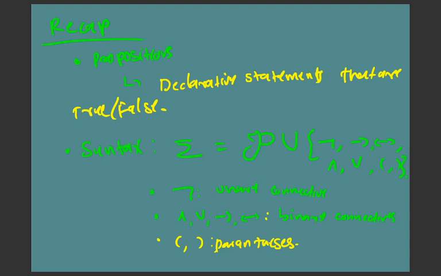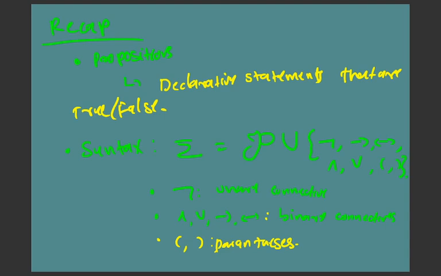Then we looked at the syntax of propositional logic. So the alphabet of propositional logic consists of all the atomic propositions, which can be countably infinite in number. Like P denotes this set, which is P0, P1, P2, etc. These are allowed letters in our alphabet, and then we have 5 connectives: one unary connective, negation, then implication, bidirectional, conjunction, and disjunction.